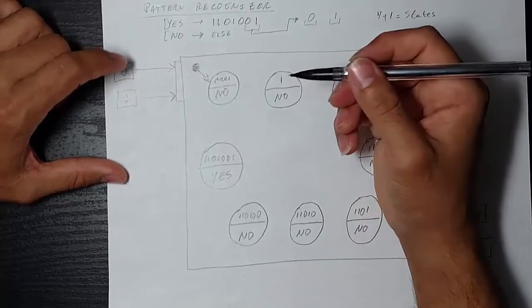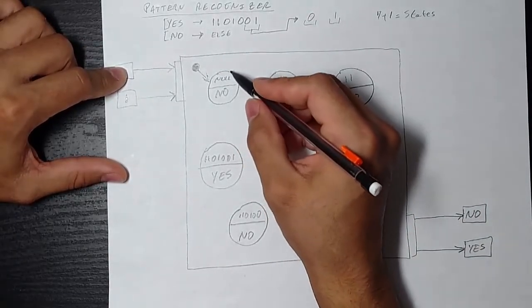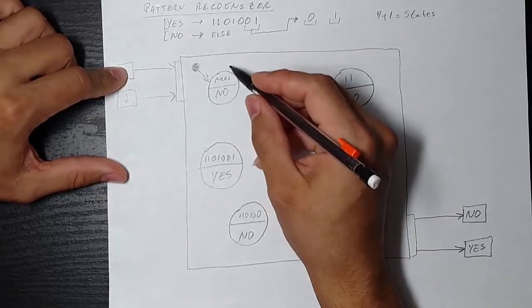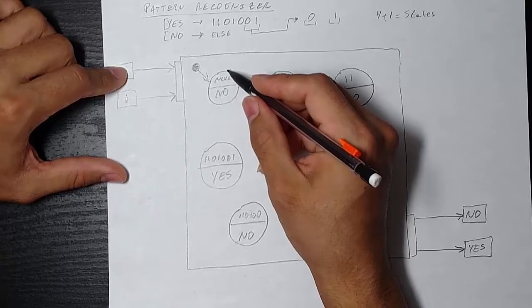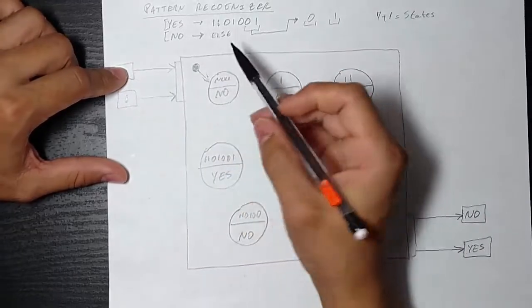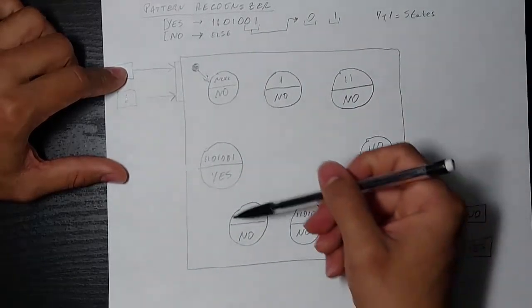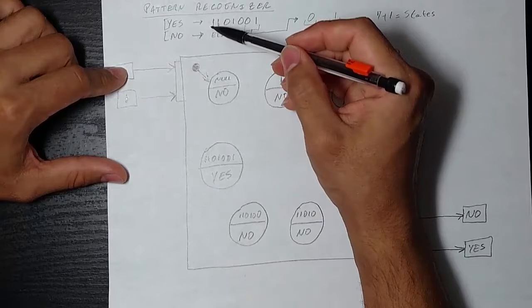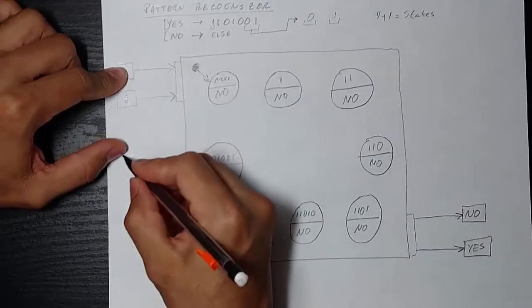So let's say I press a 0. So I get in here, and then the system will ask itself, if I get a 0, where do I go? To any of my next states, or should I stay here? Well, every pattern starts with 1, because we need a 1 as the first condition on our pattern.